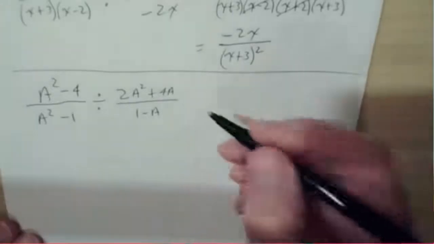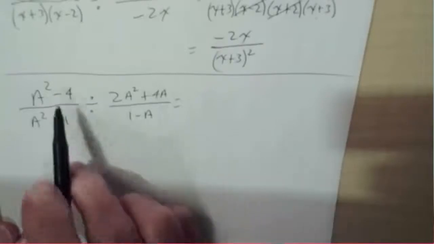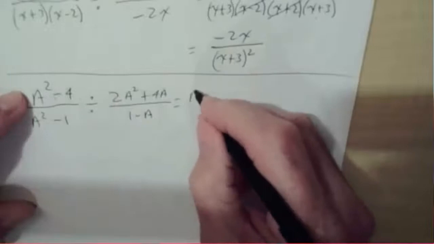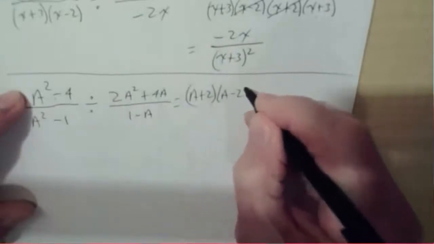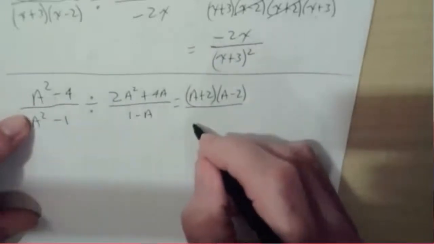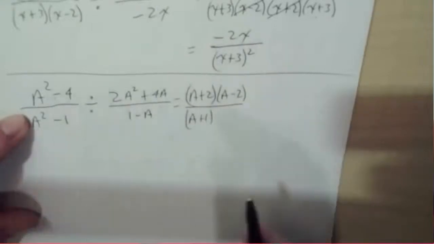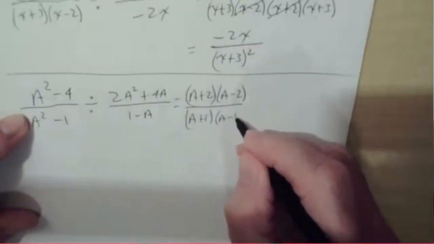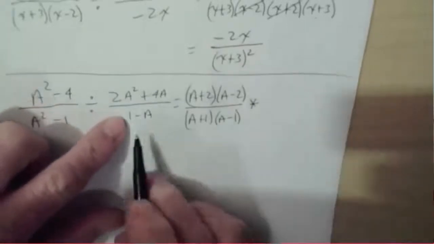Let me see if I can squeeze everything in over here. Let's go ahead and factor this conjugate here. It's going to be a plus 2 times a minus 2 over, and this is a conjugate also, a plus 1, because both of these are perfect squares and it's the difference, so a minus 1, times 1 minus a.